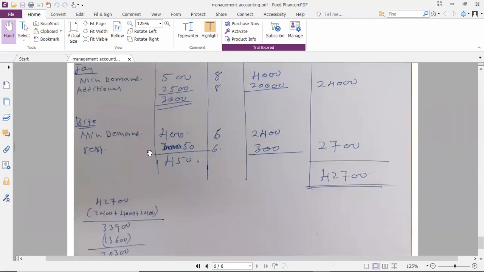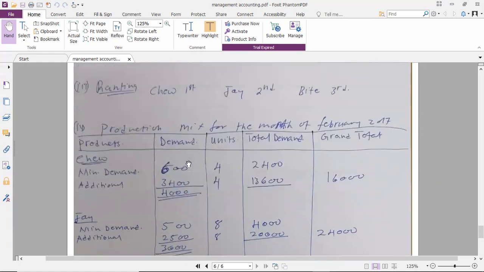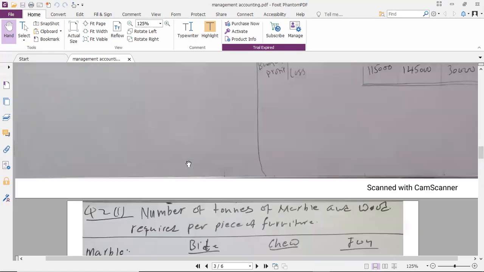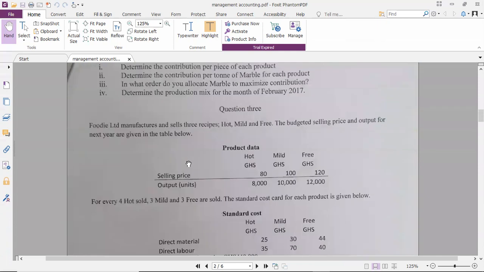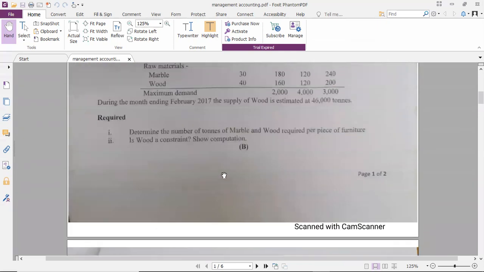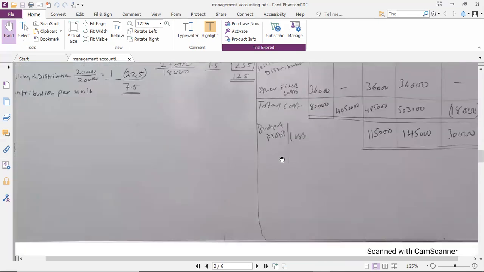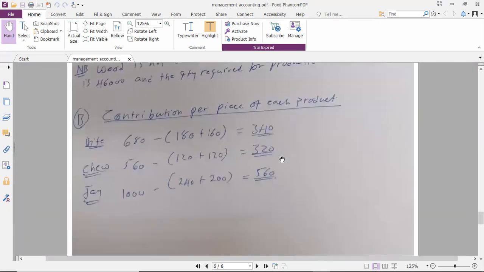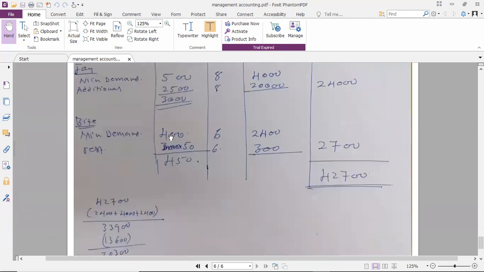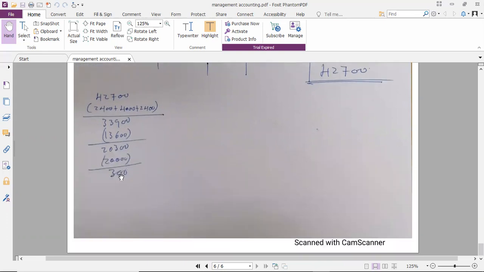Then I come to Byte. Byte, I needed to produce 2,000, but from the minimum demand, I was able to produce only 400, leaving 1,600. But the next available marble I have is 300 tons.